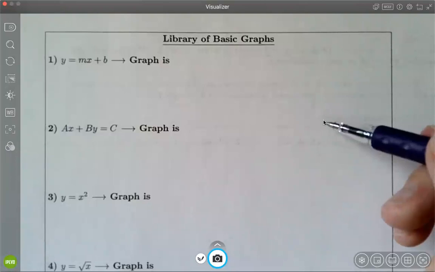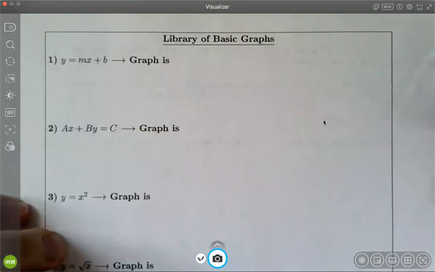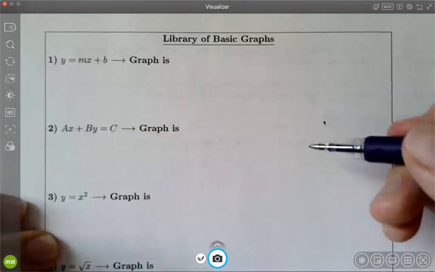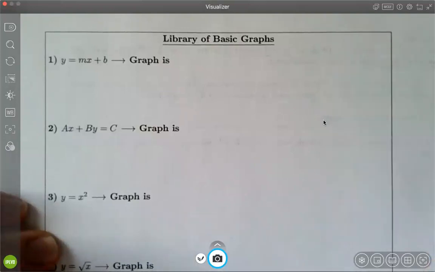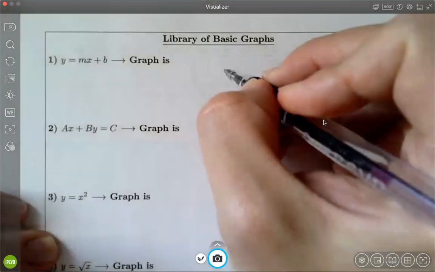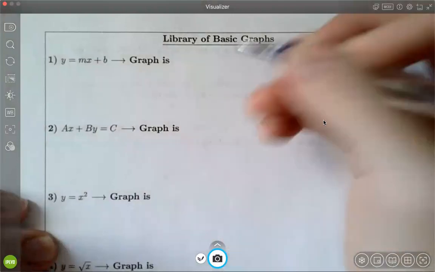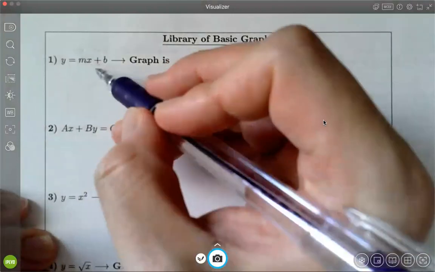Perpendicular. Okay, yeah, but like graph. There is a specific shape of the graph. Slope intercept form comes from which graph? Hint, that is a linear form.